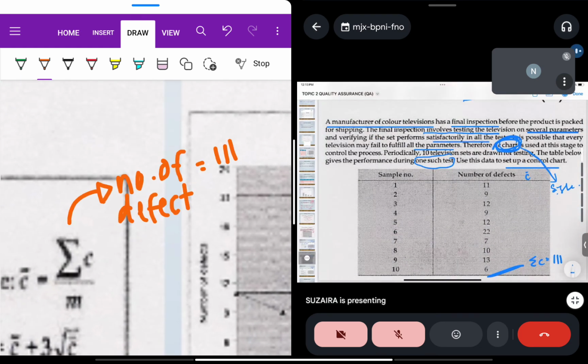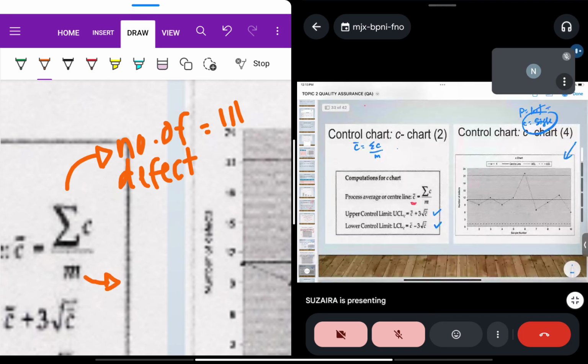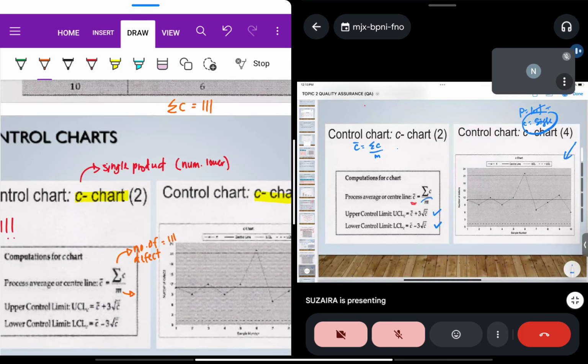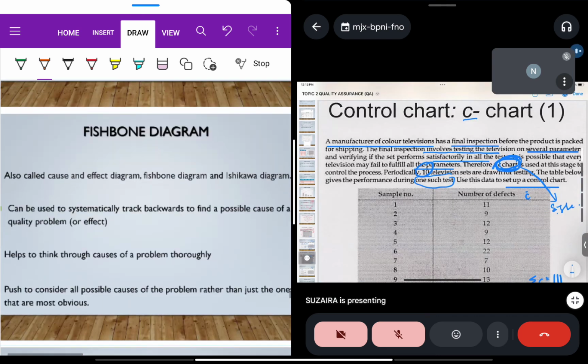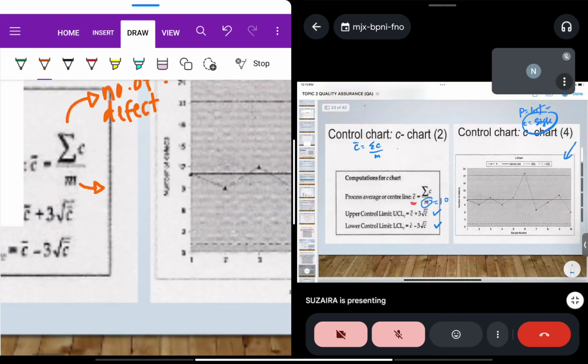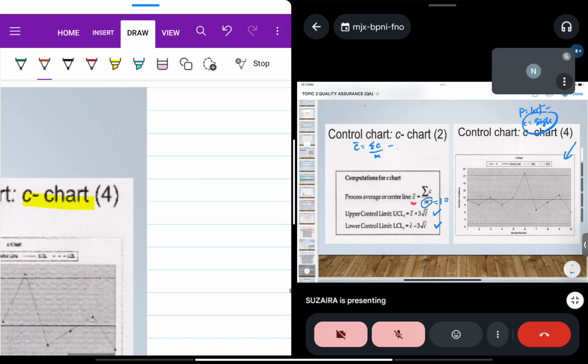M is how much now? The equation just now is sum C divided by M. So M is 10. So you have 111 divided by 10.